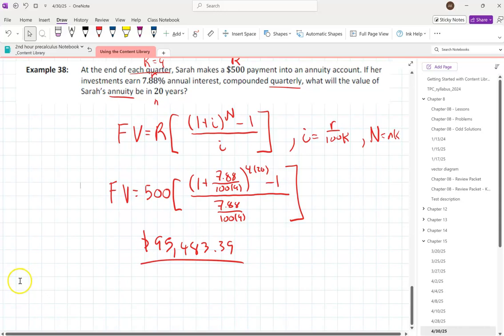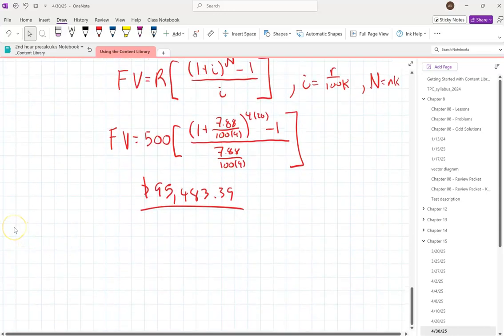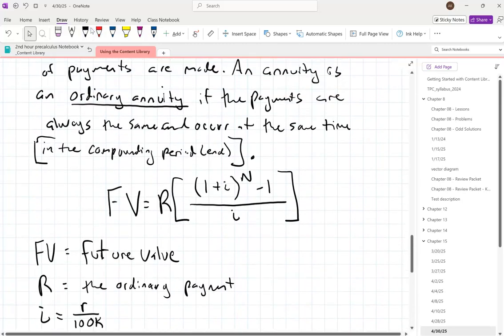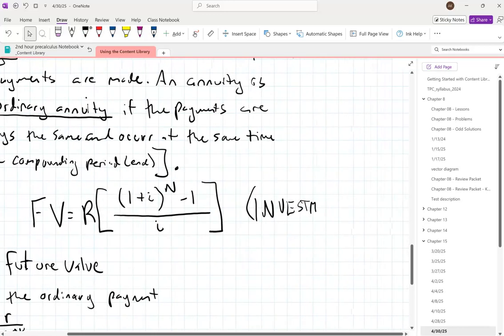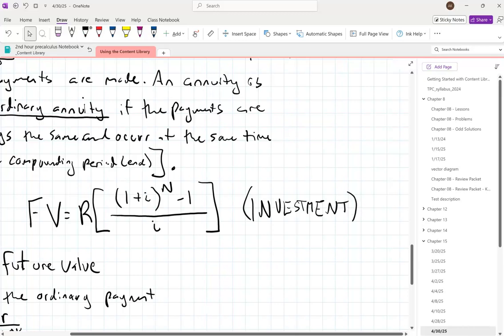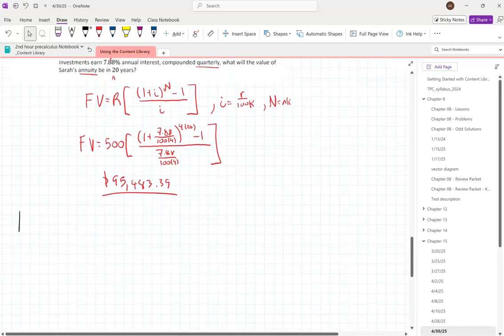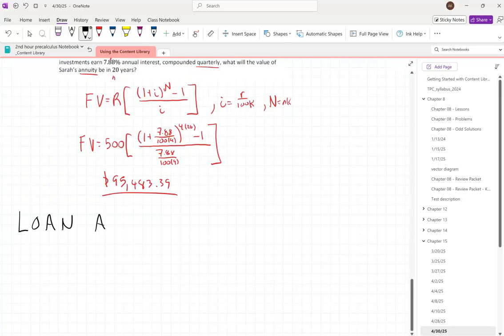All right. Let's continue. So the other situation in which we can think of an annuity is in paying back a loan. So this first one is like the investment. Or you can have a loan annuity, or think about a loan as an annuity, where PV is that amount you borrowed.